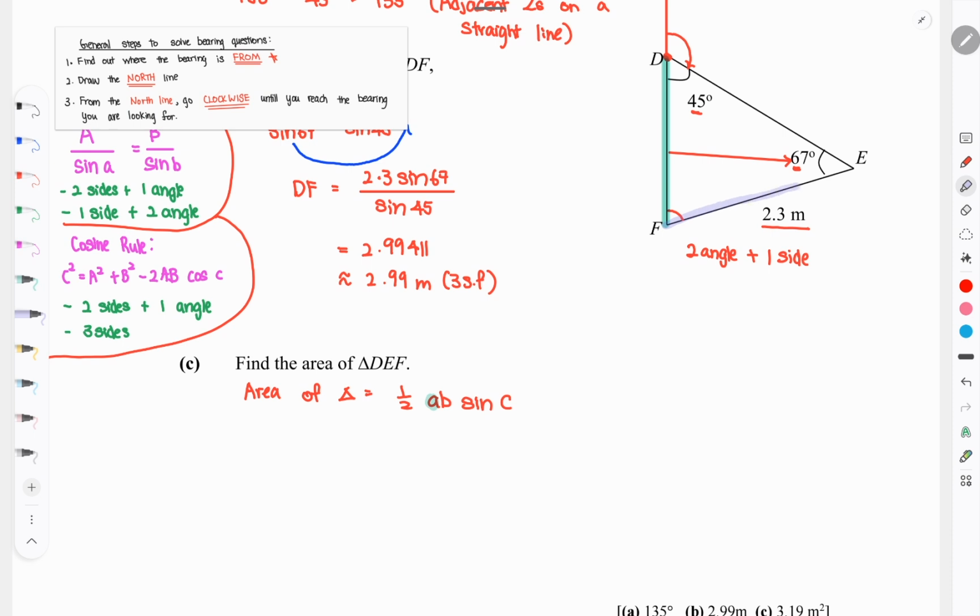And then my other length that I have is FE, which I put in purple. And then sine C is this small angle here, which I don't have yet, but I can find it easily. So first step, I'll find my angle first.